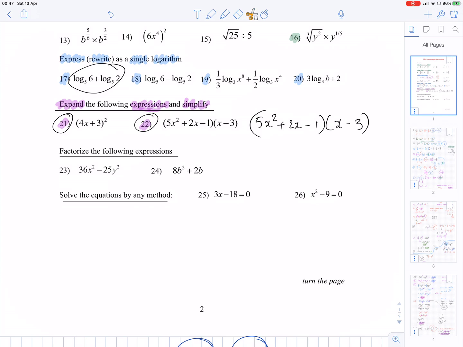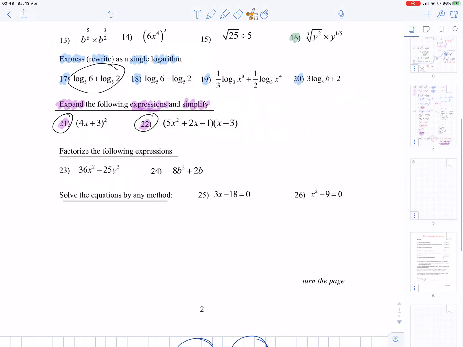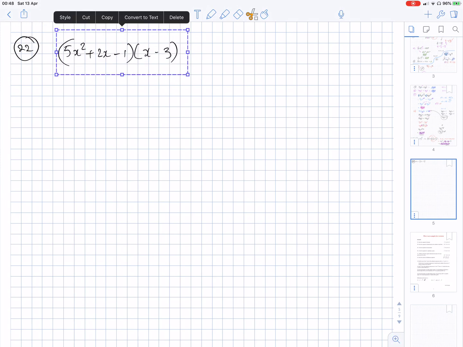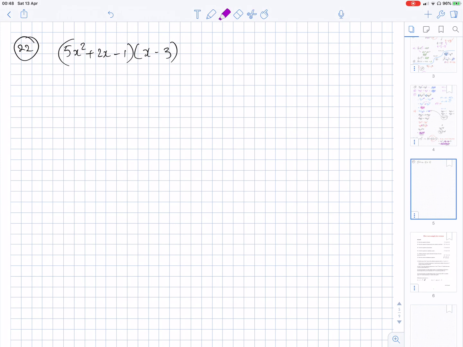So I'm just going to copy that, cut it from here and paste it right here. Okay, so the best way to do this is to write this one in front. So we're going to put x take away 3 brackets 5x squared plus 2x minus 1.